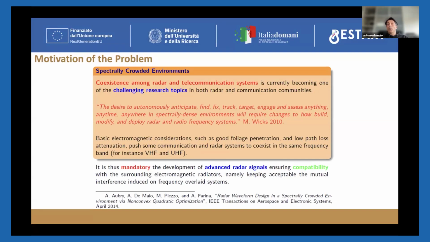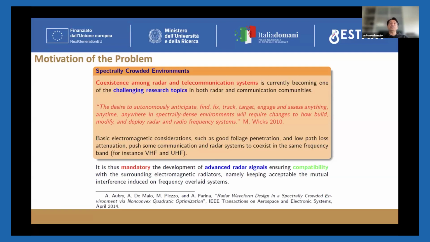Moreover, both high-quality, high-rate wireless services and also accurate and reliable remote sensing capabilities, they call for increased amounts of bandwidth. And on the other hand, there are some basic electromagnetic considerations, such as good foliage penetration, low path loss attenuation, and also the size of the devices.